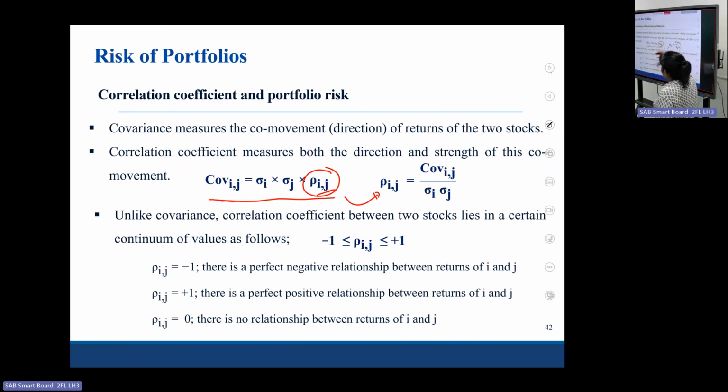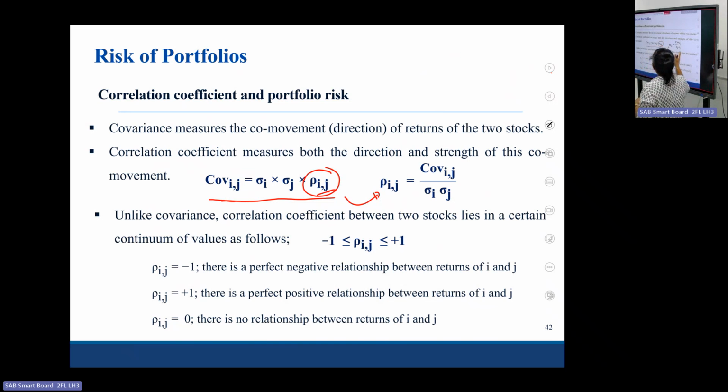What is the difference between covariance and the correlation coefficient? As I mentioned just now also, we use both to measure the co-movement of the two stock returns. By looking at the covariance, you can identify only the direction of the movement, whether they are moving in the same direction or the opposite direction.